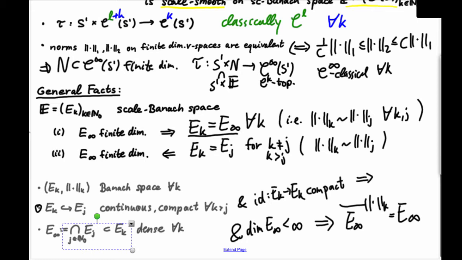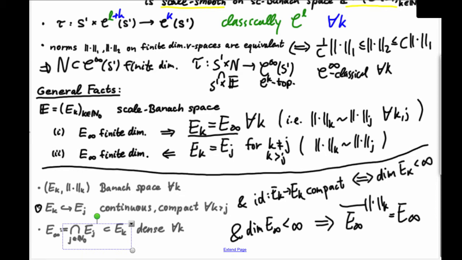And that is true if and only if that space is finite dimensional. And if EK is finite dimensional, then certainly E infinity is finite dimensional.